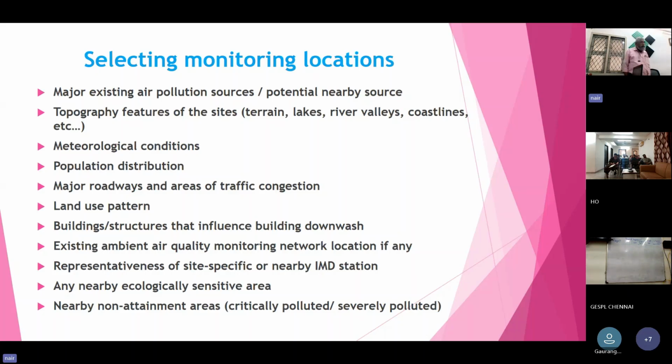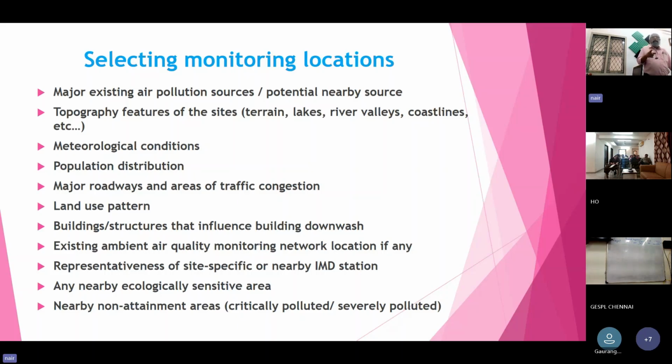Then population distribution. If it is a highly populated area, or the population is very high, that point also needs to be put as a monitoring station. See, when I say population, don't think that it is the human population only, it can also be wildlife. If densely populated wildlife is there, that is also important. Suppose monkeys are inhabiting a particular area with a high concentration, that area is also very important.